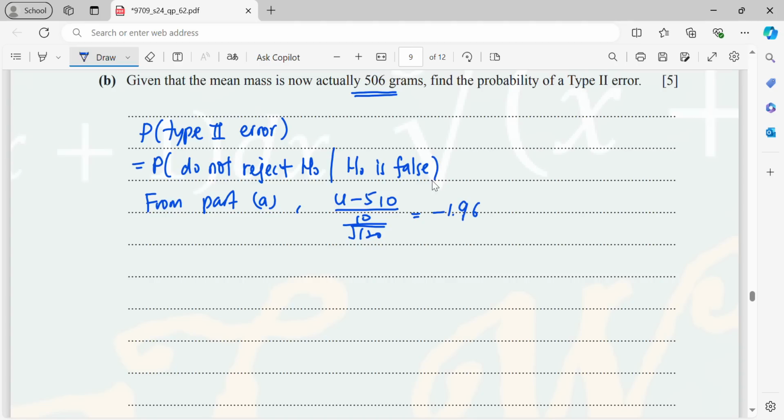Let me check: your mu initially is 510, not 508. Sorry. Your H naught is 510. So from here I need to find out what the U value is. So your U is basically negative 1.96 times 10 over square root 120, plus 510.